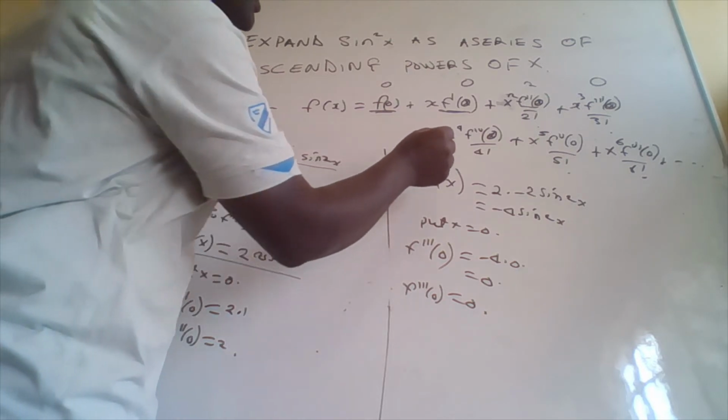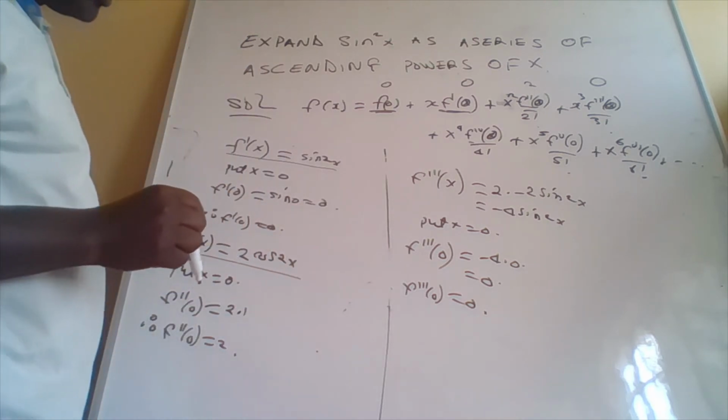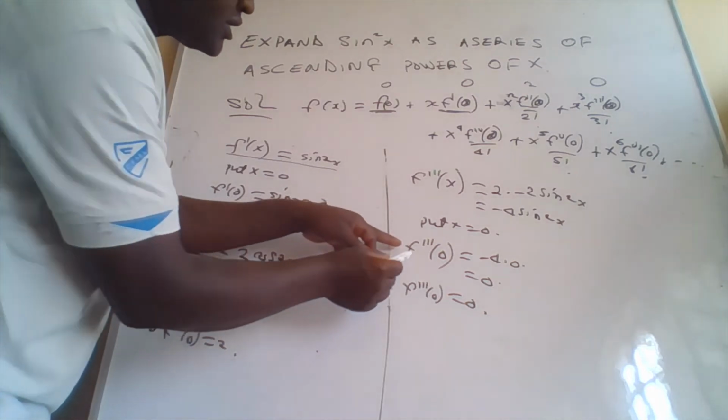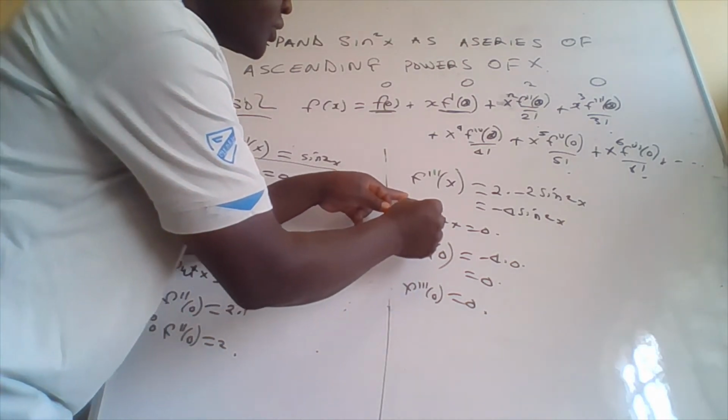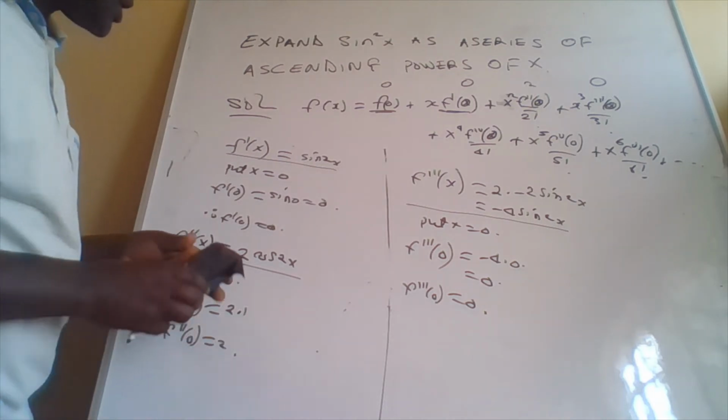We need now to get f to the 4th derivative at 0. For us to get that, we differentiate this equation.